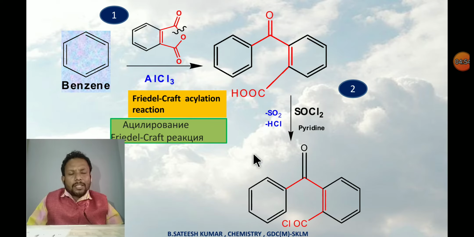So the carboxylic acid converts into acid chlorides, or acyl halides, or acyl chlorides. SO2 and HCl are simply removed. Both SO2 and HCl are gaseous compounds. So we will get a pure product of this acyl chloride.